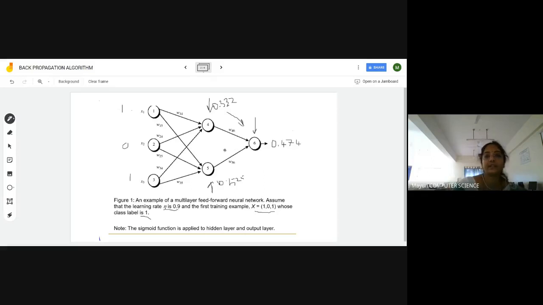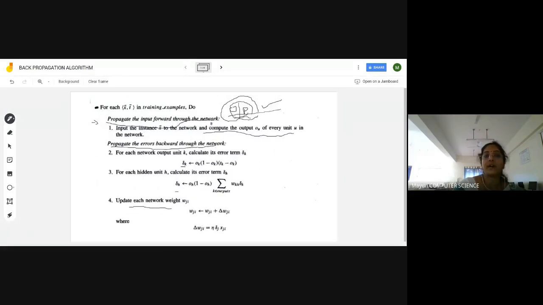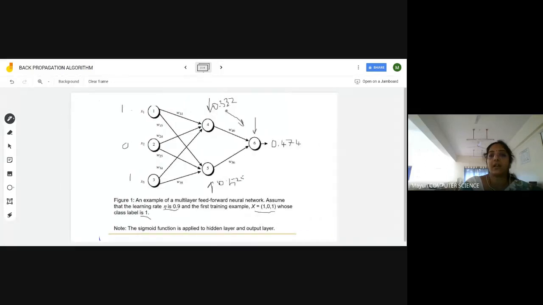Now, what I did is, I have traveled from 1 to 4 and then 6. So from my input network, I have traveled to hidden and then to output. As per the algorithm, while going forward in the network, I have to compute the output of every unit in the network. I have calculated the output of unit 4, unit 5, and unit 6. When propagating forward, I have calculated output at every unit which I am crossing through hidden and then output.